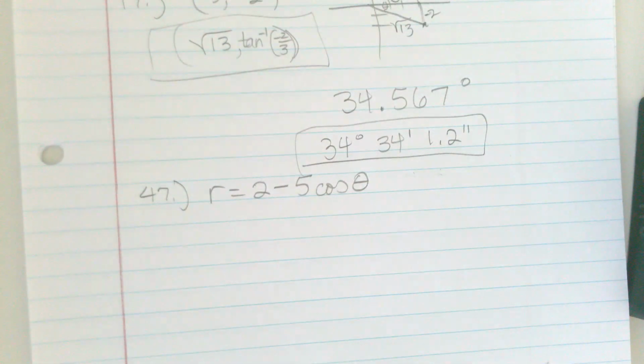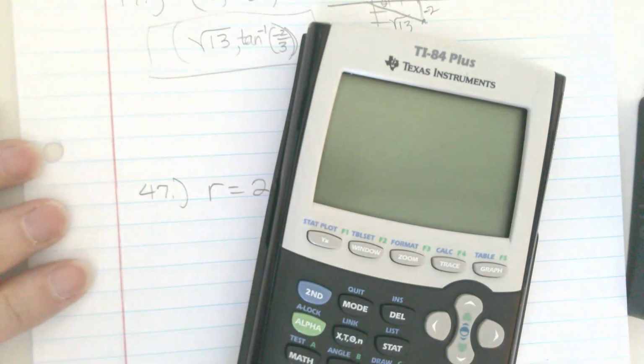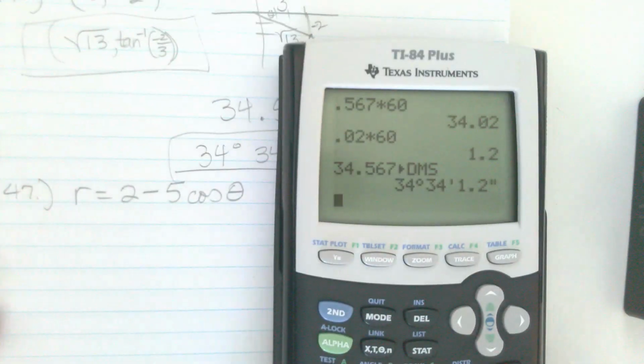All right, so in exercises 47 to 56, use a graphing utility to graph the polar equation. Find an interval for theta over which the graph is traced only once. So this one was a calculator problem, right? Yeah. So what mode should we be in?